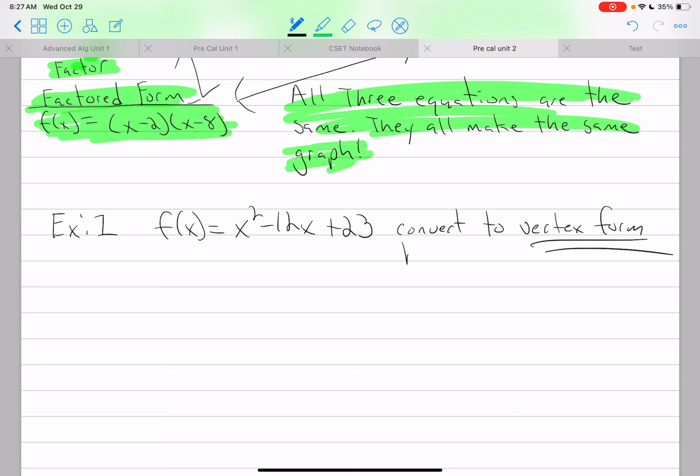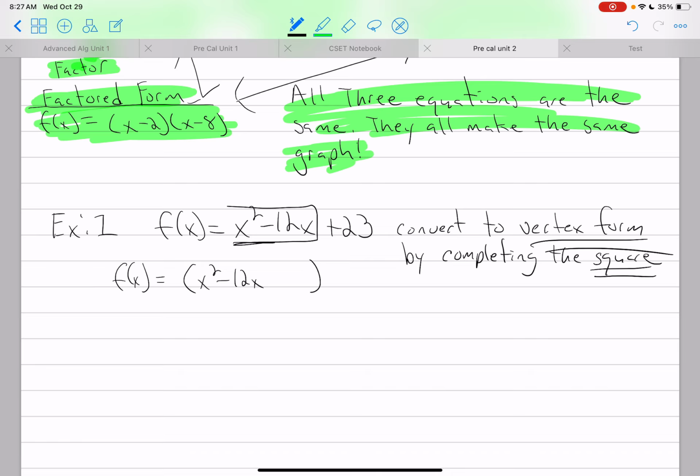And I'm going to do this by completing the square. So here's what I'm going to do. I'm going to say, okay, well, f of x equals, and I'm going to put together the x squared minus 12x, and that's the piece I'm going to complete the square with. I'm going to take the plus 23 outside of it.